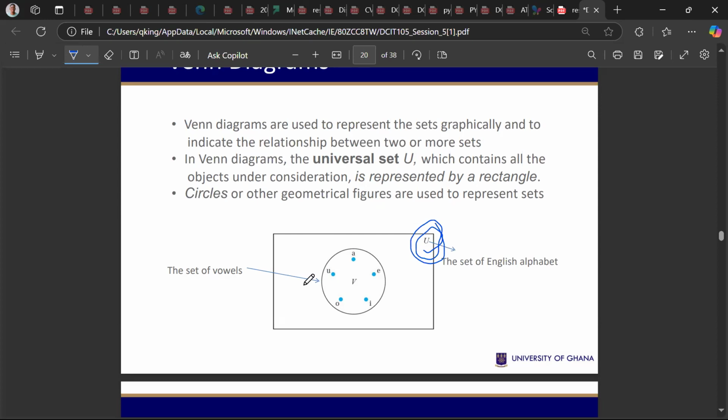The circles, on the other hand, are used to represent the sets. So we could see the circle here representing the set of vowels, and our universal set here representing the set of English alphabet.